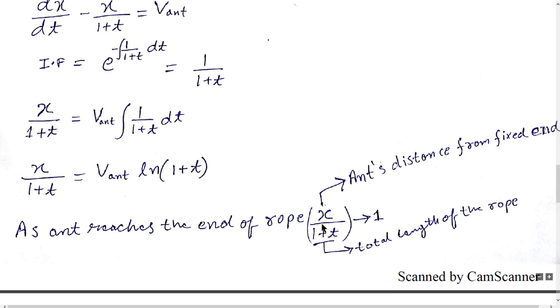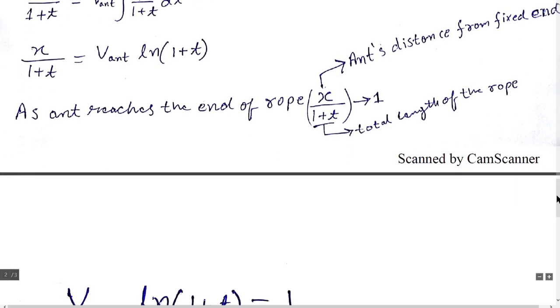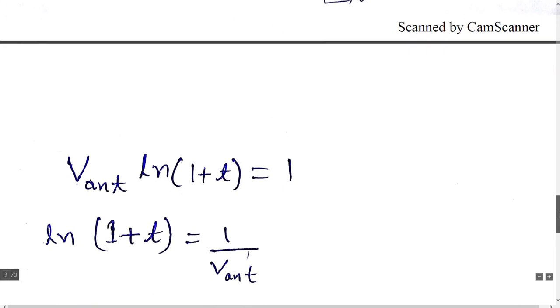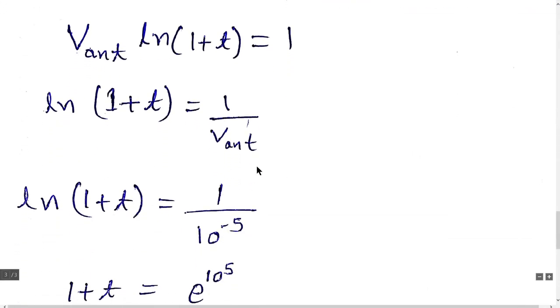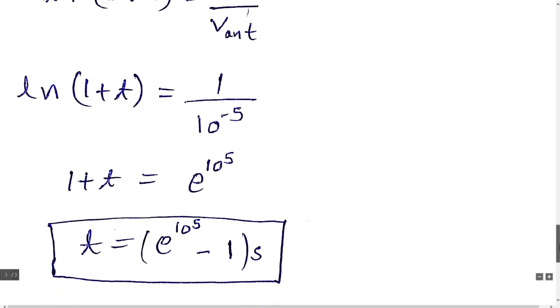Both will be the same, because when the ant reaches the end, its distance from the wall will equal the total length of the rope. So this quantity tends to 1. So v_ant times ln(1 plus t) will be equal to 1, so ln(1 plus t) is 1 by v_ant. The velocity of the ant is 10 to the power minus 5 kilometer per second. Solving, we get t equal to e to the power 10 to the power 5 minus 1 seconds. So at this time the ant will reach the free end of the rope.